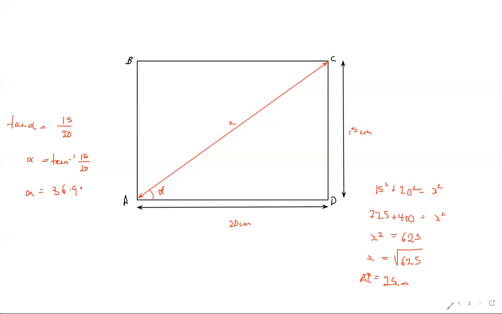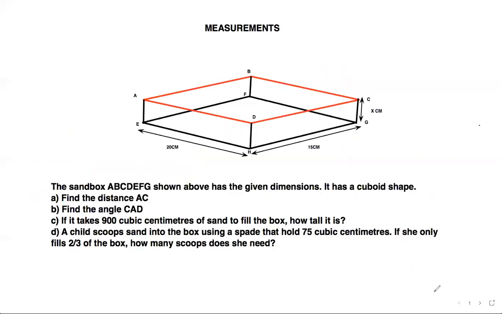Okay. Third part of the question. If it takes 900 cubic centimeters to fill the sandbox, how tall is it? So now we're going to calculate the volume. So the volume of the sandbox is 20 by 15 by H, and that's equal to 900.